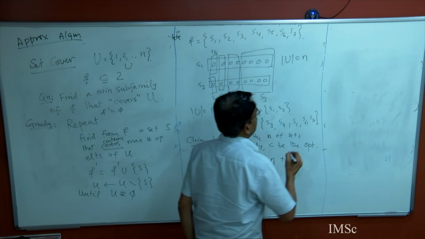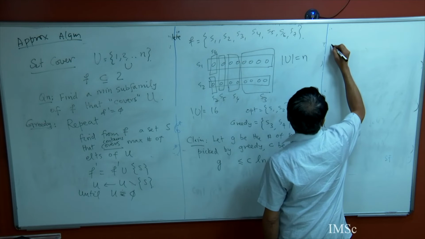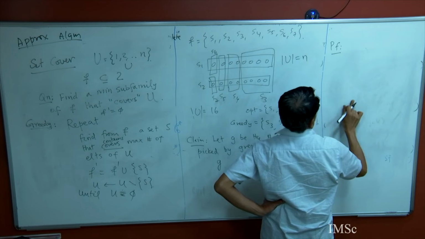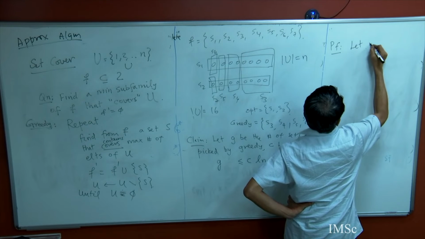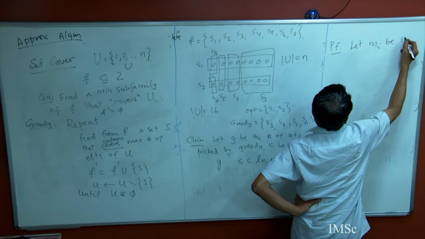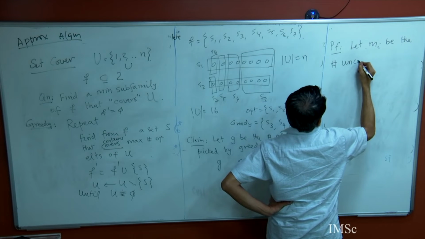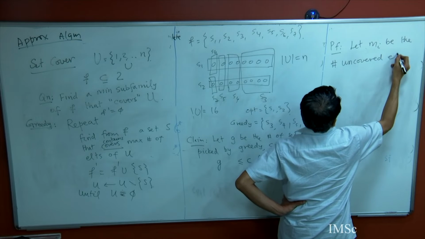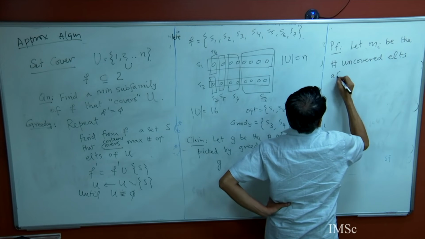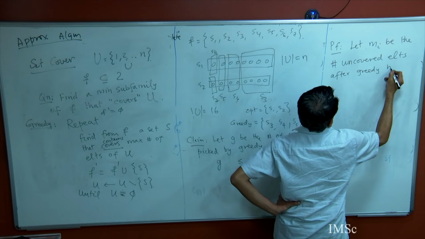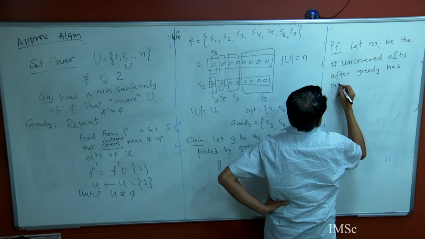Okay, so the proof. Let Mi be the number of uncovered elements after greedy has picked i sets.